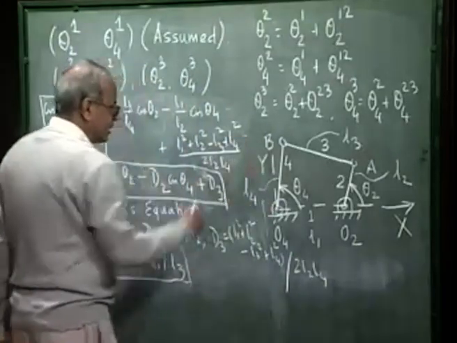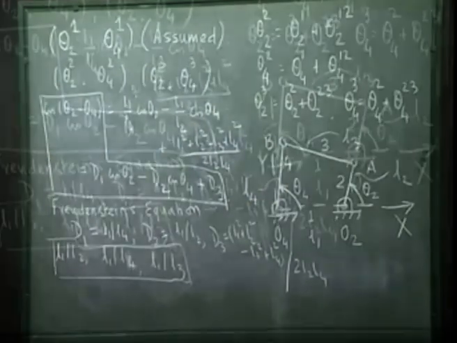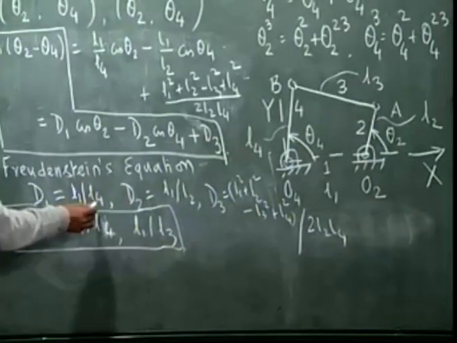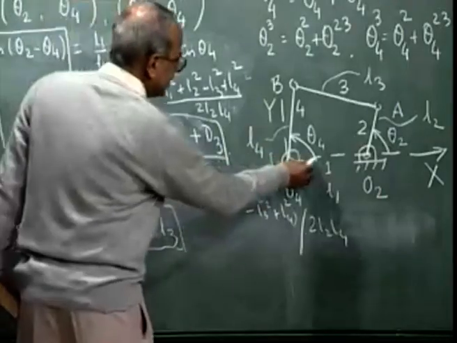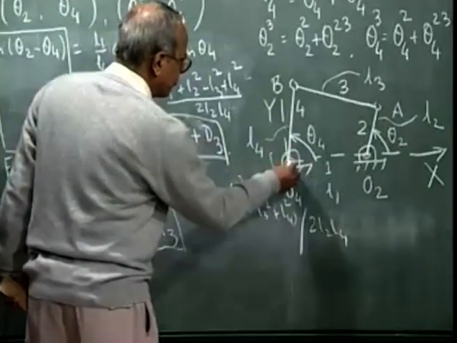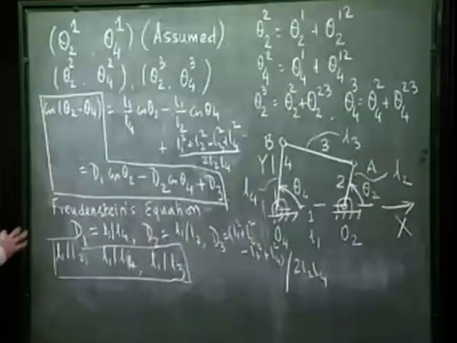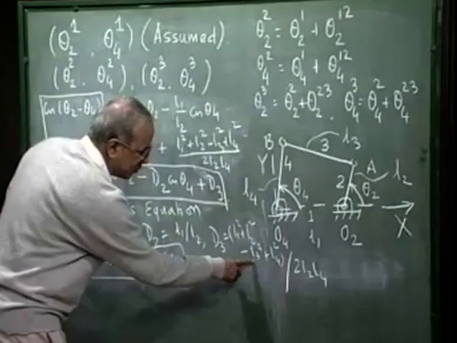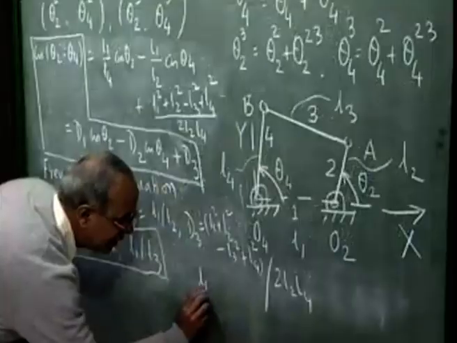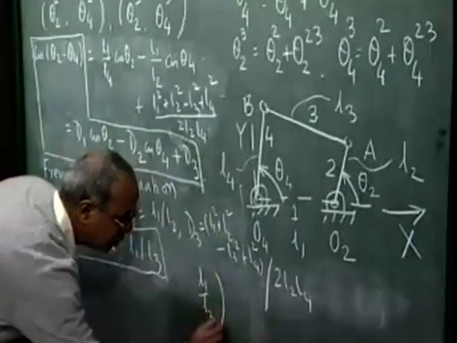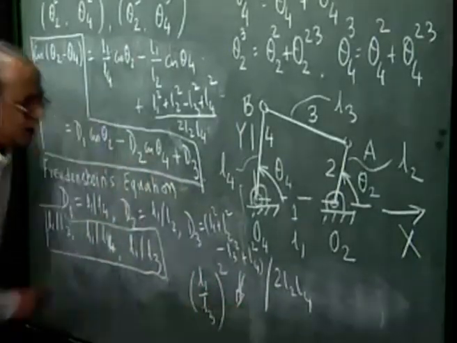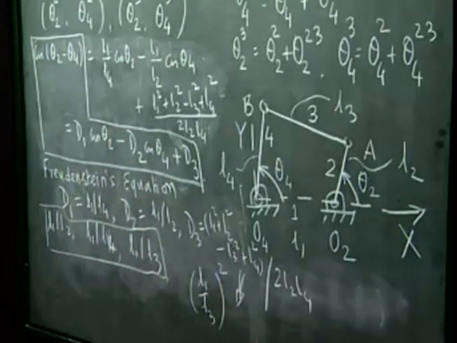Similarly, if D1 is negative, then L4 is negative, which means theta 4 will be changed to theta 4 plus pi. L1 we should always take as positive, and we will take L3 also as positive by solving L1 by L3 whole squared from this equation and taking the positive root.